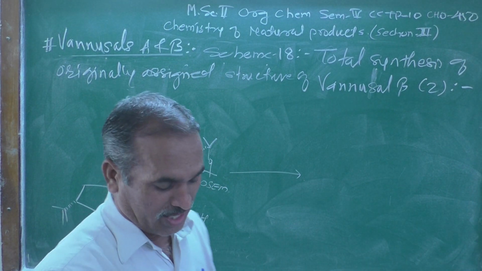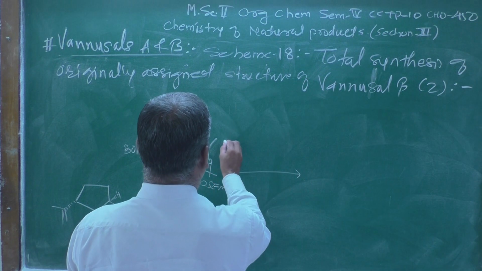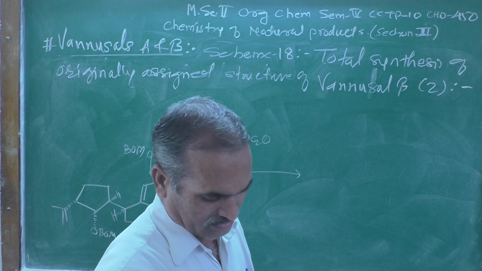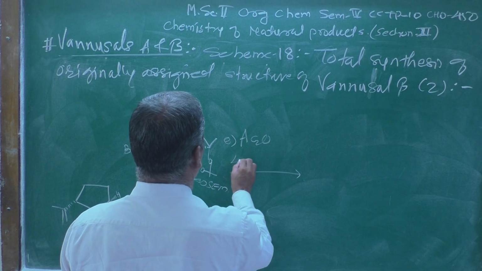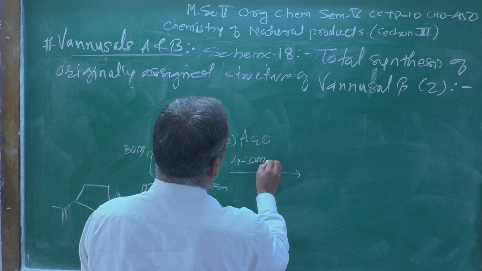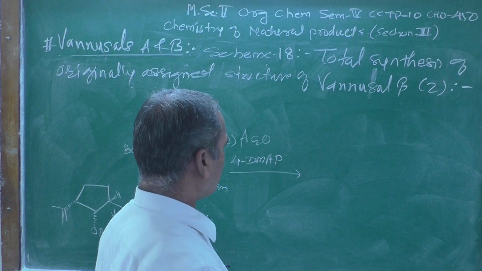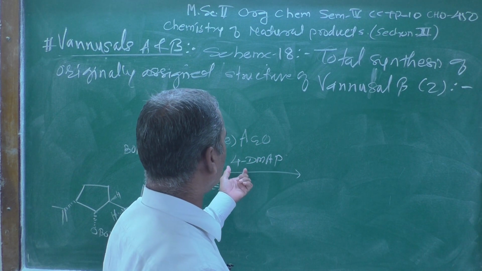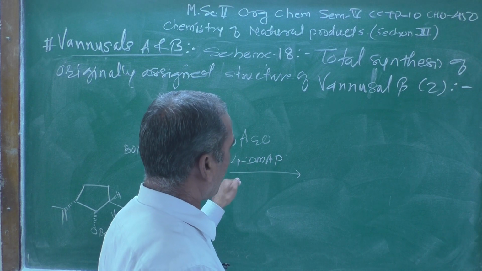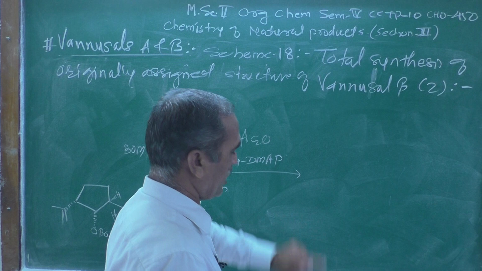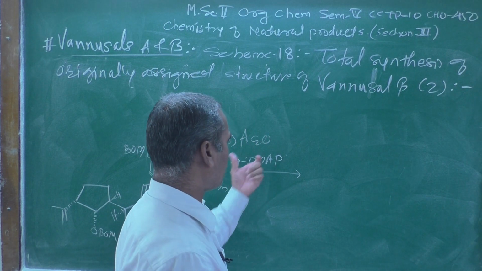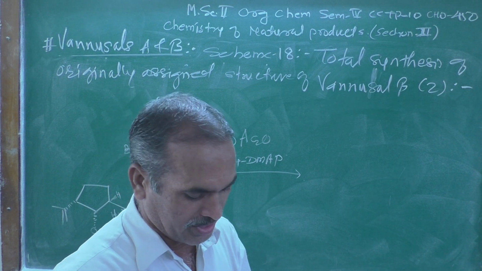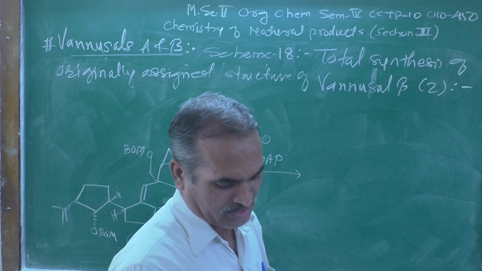Inverted arrow, and now on it the reagent E, that is Ac2O acetylation, followed by DMAP, acetic anhydride. DMAP means 4-N,N-dimethylaminopyridine, that is the full form of DMAP, which is used as an additive in this particular synthesis.